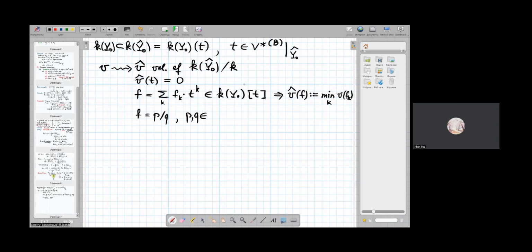Yeah, sure, it is a matter of choice. You always can choose a function which is not identically 0 on Y naught hat, because t is a function on Y naught hat. Yes, you can always choose such.